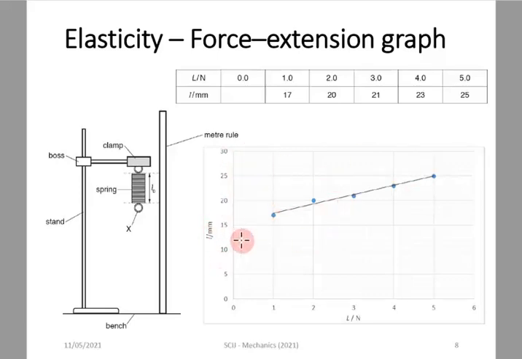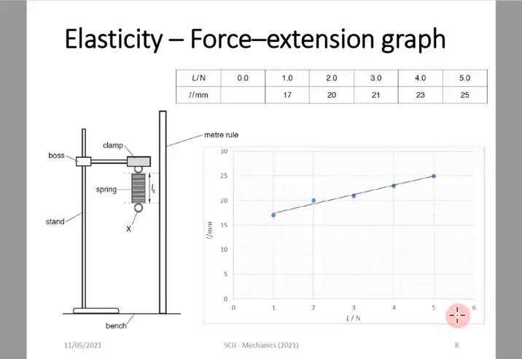Just looking at this graph, you can simply extend the line and then you can predict where the extension will be. That's the normal extension of the spring, the unloaded length of the spring.